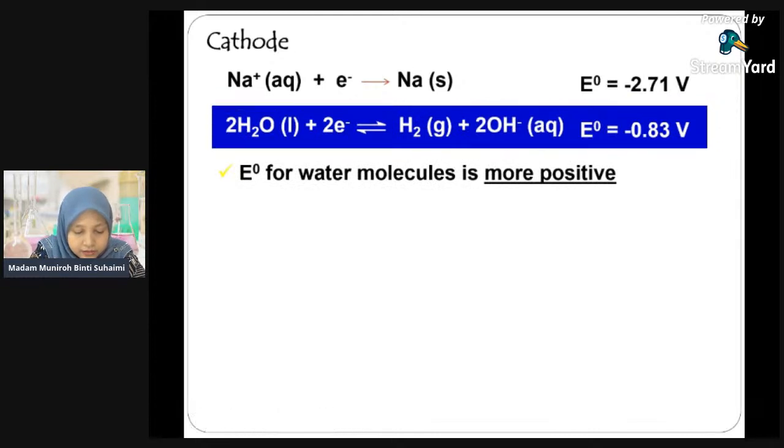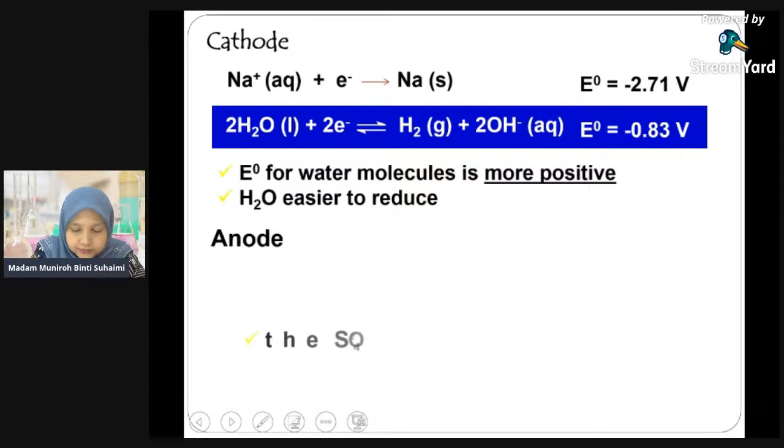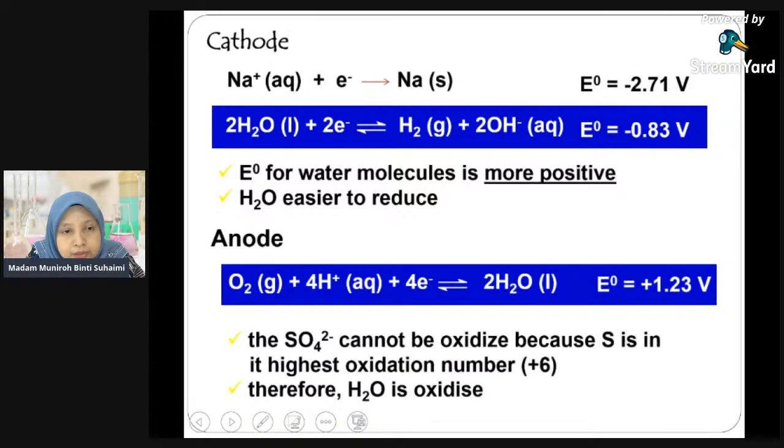For the cathode, you can see the water molecule is more positive compared to Na plus, so H2O is easier to reduce.